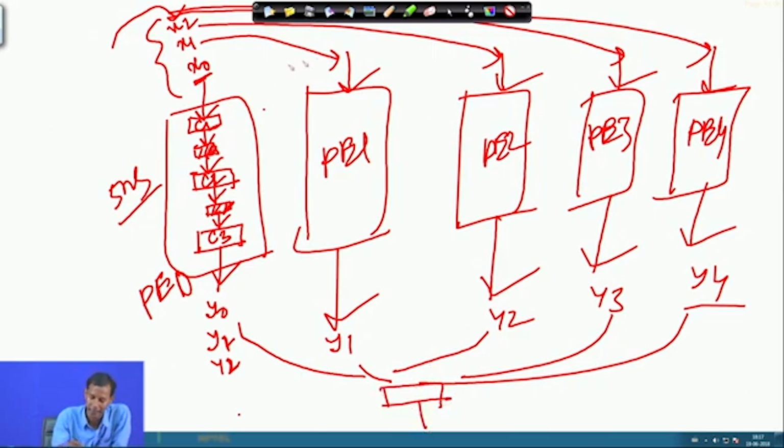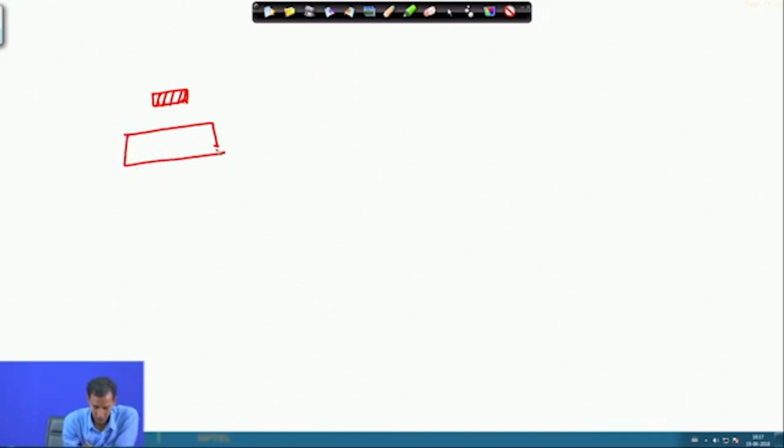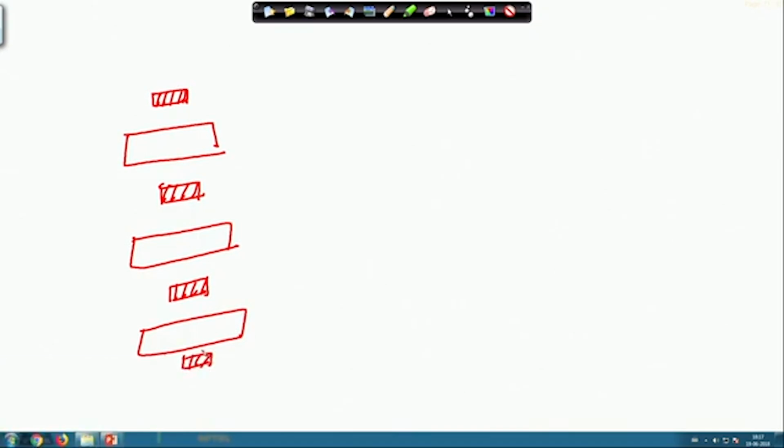So, if I draw this circuit, it will look something like this. Then I need registers, then again I need to draw C2, then again registers, and then C3, and here I need the registers.